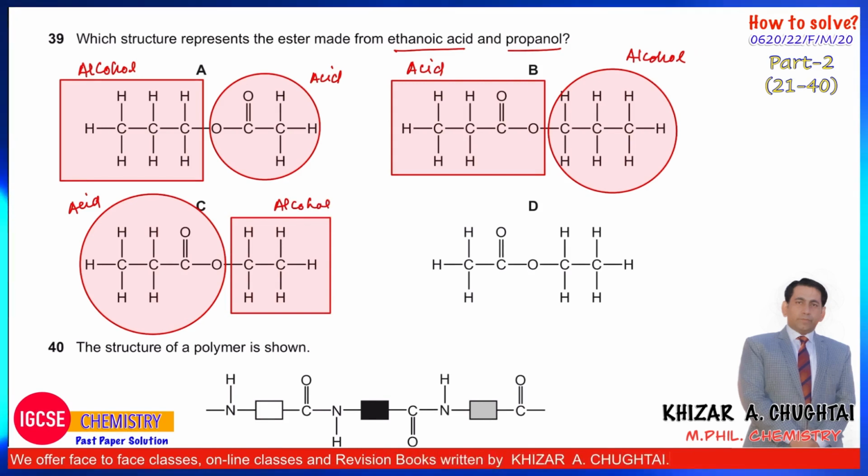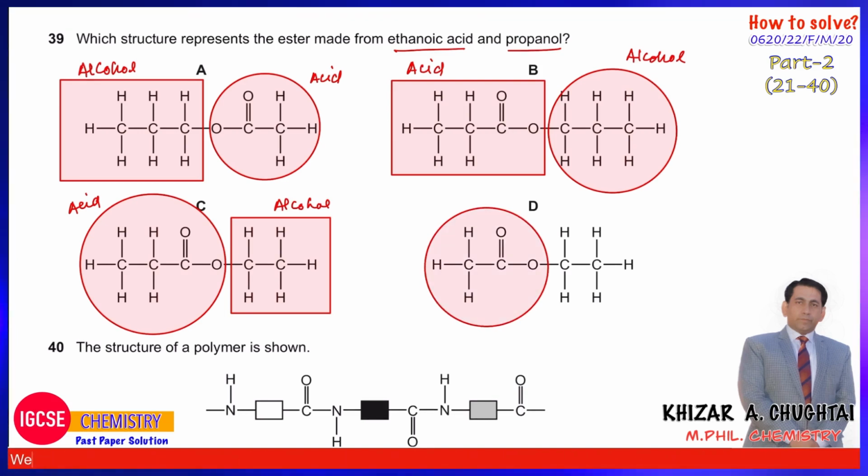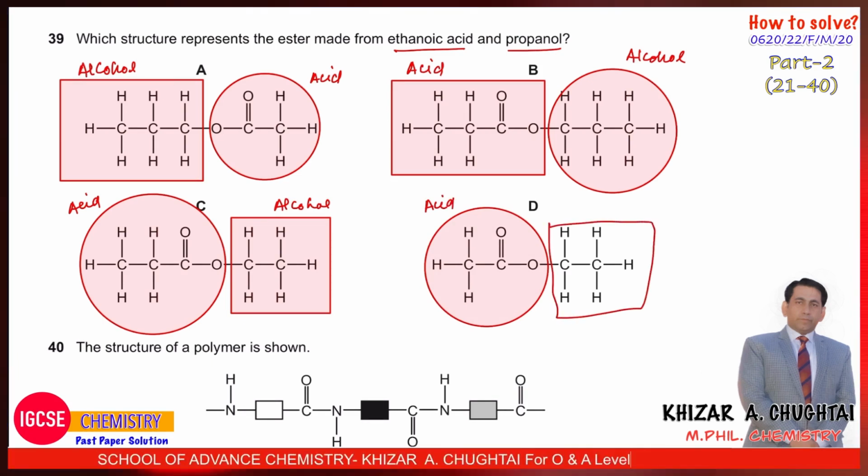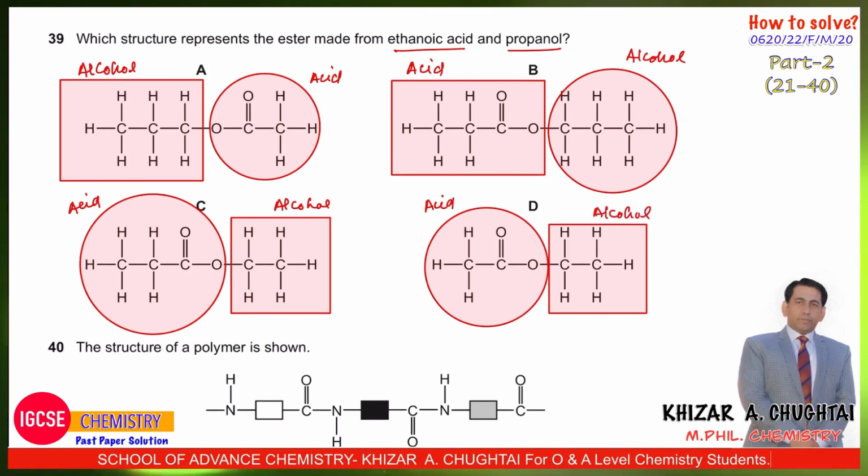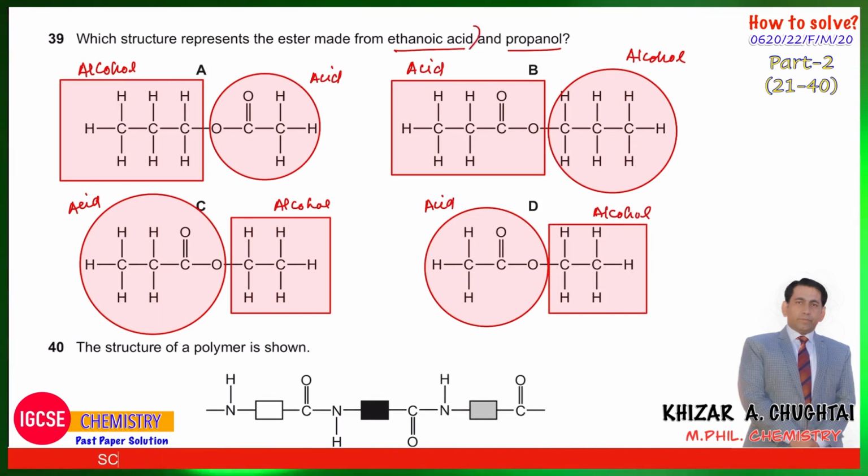In this case, again, you can see that I'm dividing the molecule into two parts at the C single bond O. This portion is from the acid, and this portion is from the alcohol. Now let's see. It says ethanoic acid. It means the acid should have two carbon atoms.